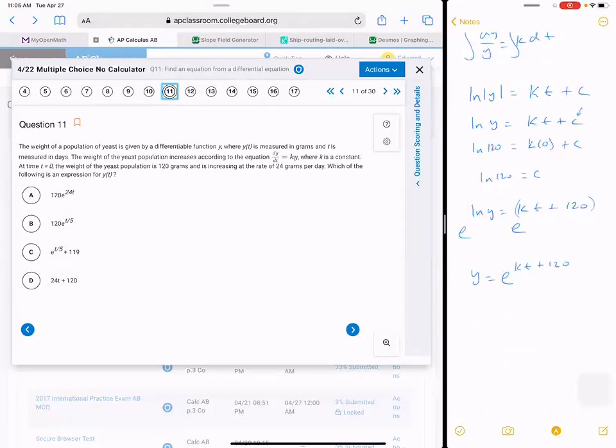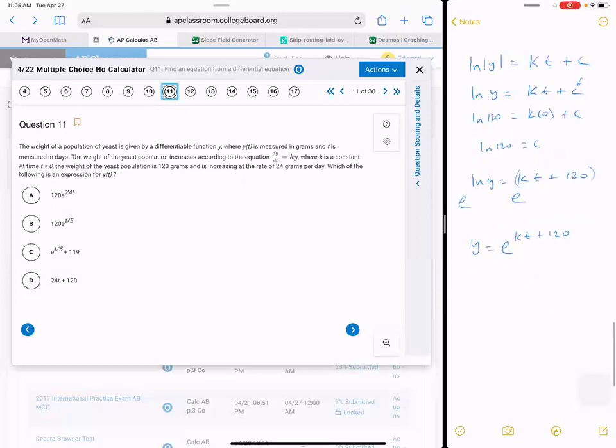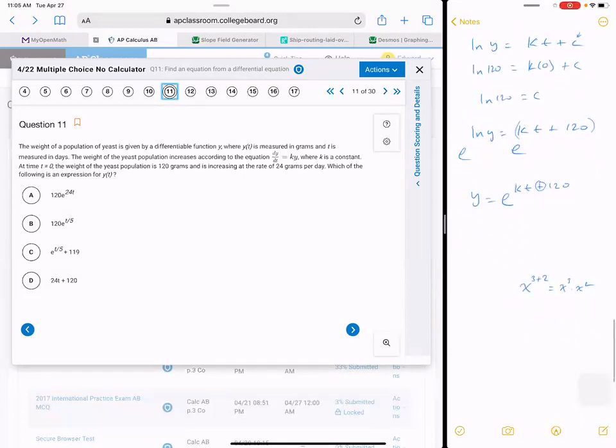Now there's a trick here, the algebra 2 trick. If I'm adding exponents, for example, x to the 3 plus 2 is really x cubed times x squared, because I'm multiplying the powers. So if that's the case, I'm going to rewrite it. y is equal to e to the kt times, whoops, I lost my natural log.